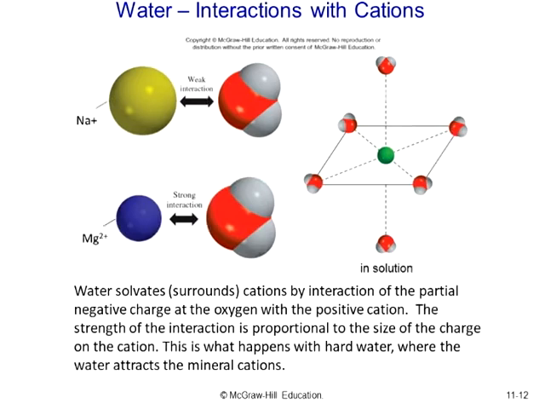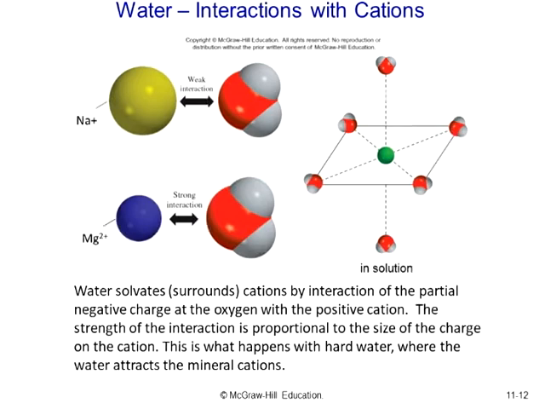And we show you what these cations will look like in solution. So when we talk about this, we will essentially say that water solvates, or surrounds, the cation by interacting with the partial negative charge on the oxygen and the positive cation on the metal. And in this case, the metal is sodium and the other metal is magnesium.